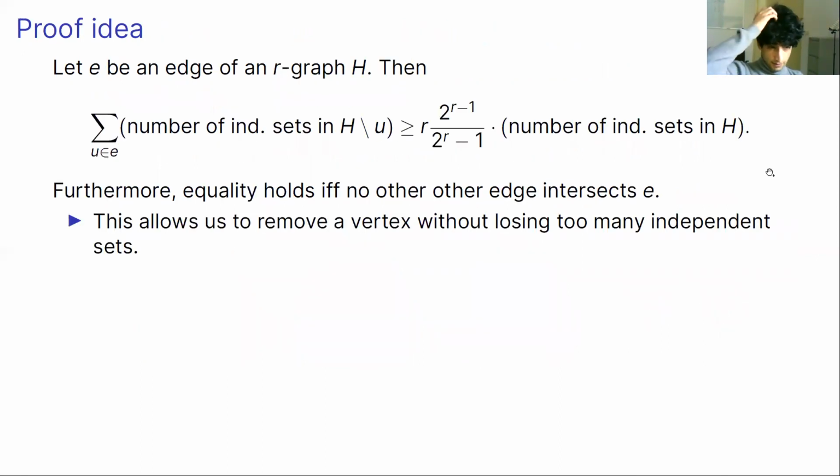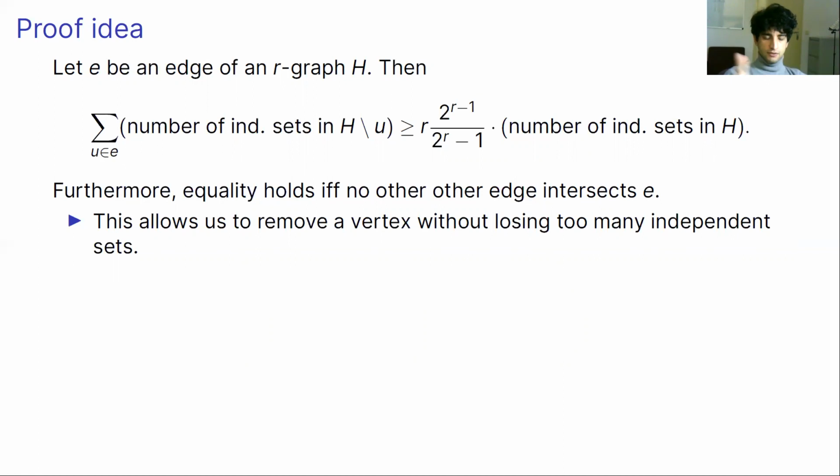And it's based on an observation, it's sort of an iterative process where basically we pick any edge, and we can show that there is one vertex in this edge, the removal of which does not lose too many independent sets. So we do it one at a time until we arrive at an independent set.